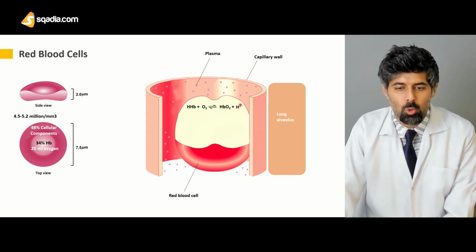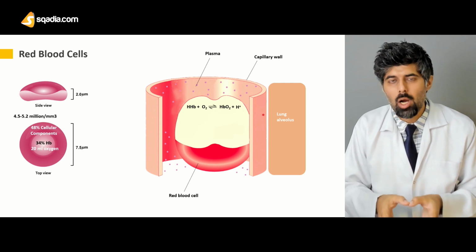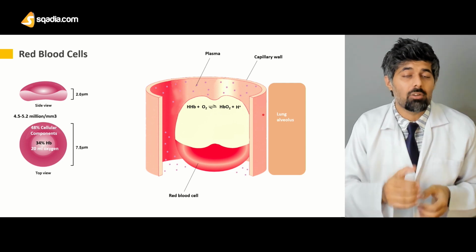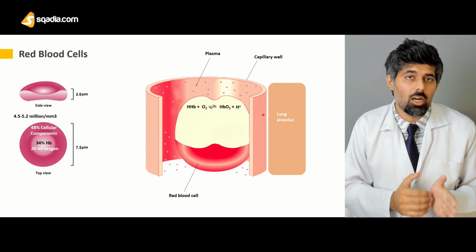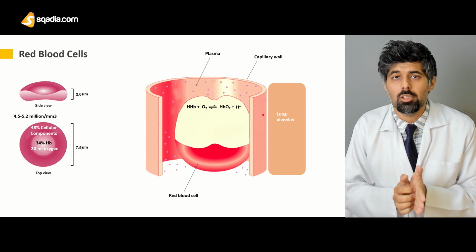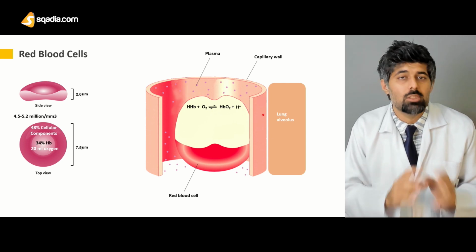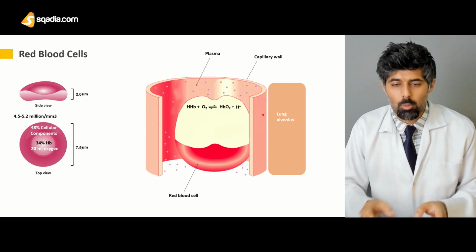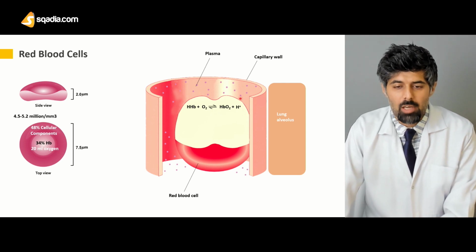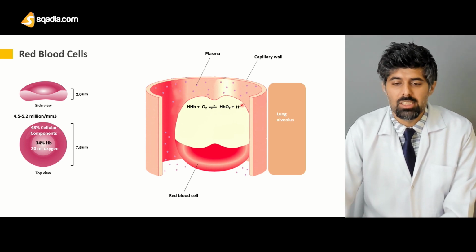This proton, when released, has to be taken care of. Why? Because this can decrease the pH inside the RBC and increase the acidity. And when pH is disturbed, the metabolic functions of the RBCs can be severely compromised. Because of this, the proton has to be taken care of, and it is taken care of via this method.